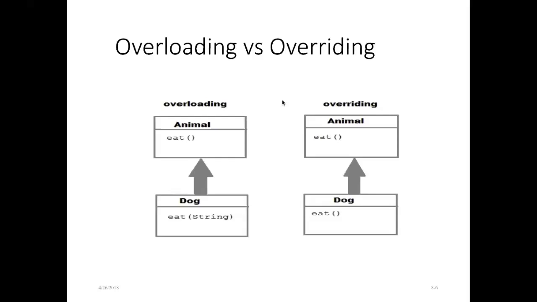So these are two overloaded methods. In overriding, the method signature is the same in the parent class and the child class, but the implementation is different.